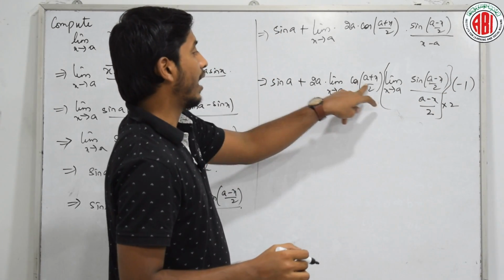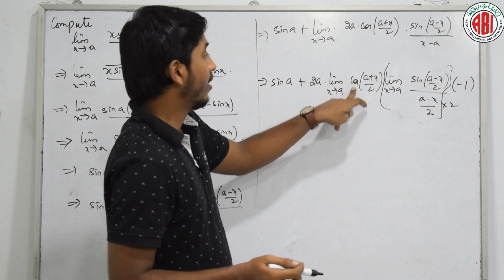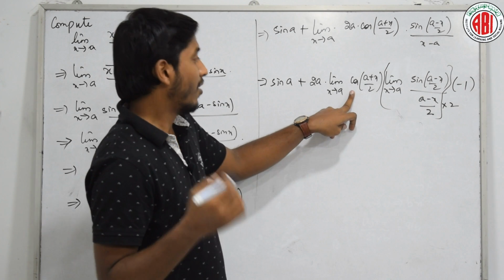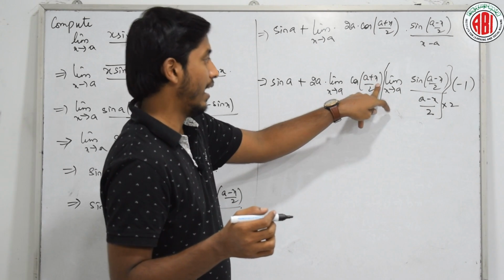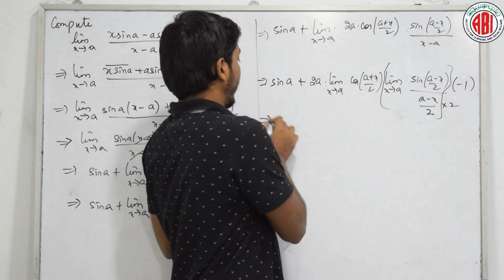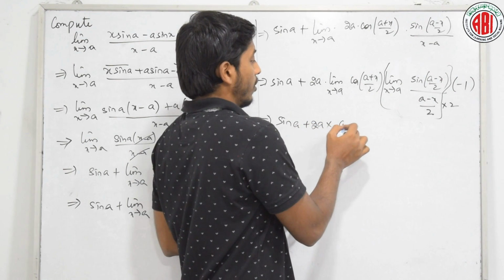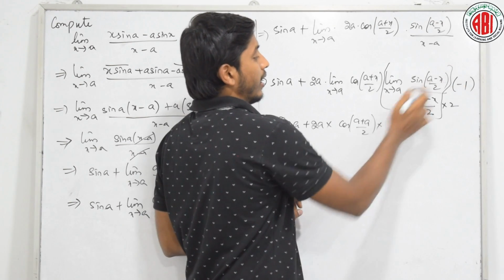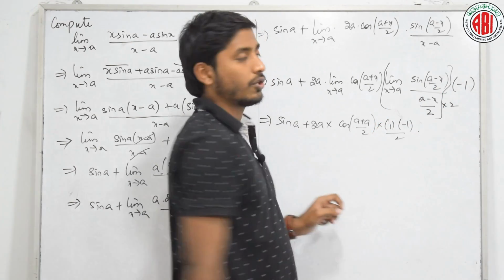And here cos of (a plus a) by 2. As limit x tends to a, whatever the cos term is, even if you substitute, this will become (a plus a), that is 2a by 2, that is cos a. If I write, this will become sin a plus 2a into cos((a plus a) by 2) into, here this whole term is 1, here minus 1 divided by 2.